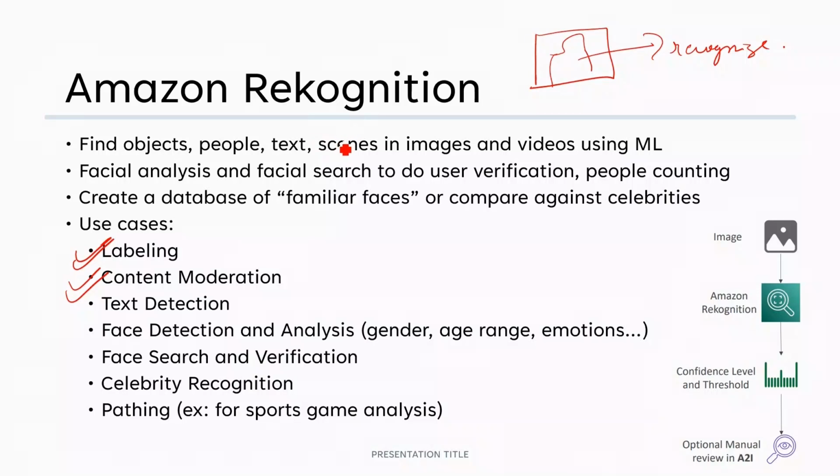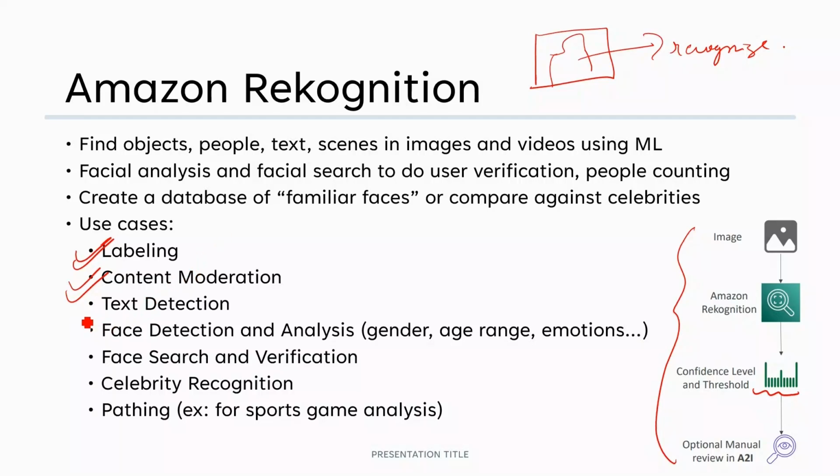That is content moderation. Here there is a flow which shows how it is done. You pass the image to Amazon Rekognition, then there is a confidence level threshold. Based on the confidence level threshold, it will either accept or reject that particular image.